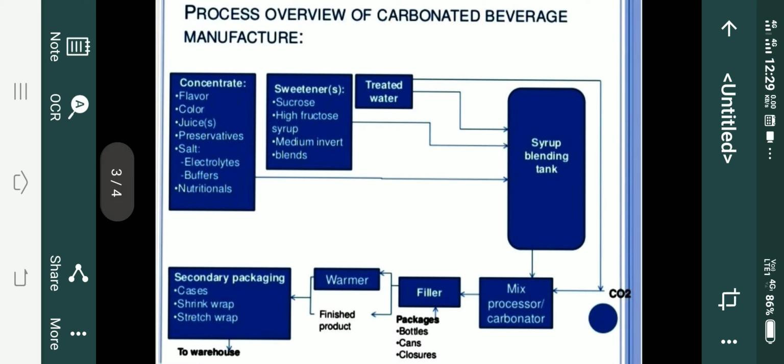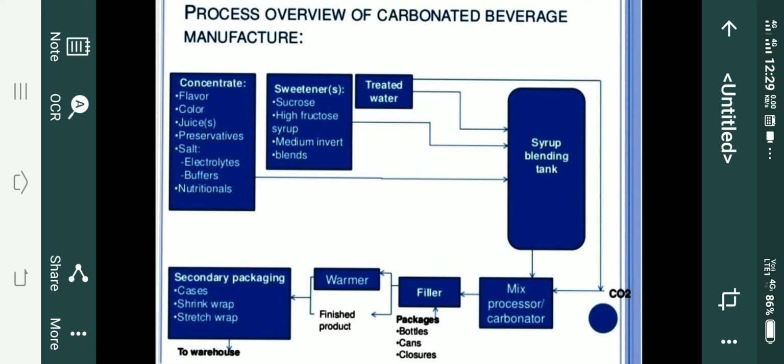Now, this is the process overview of carbonated beverage manufacture. As we can see, these are the concentrate ingredients: flavor, color, juices. These are optional. Then preservatives, salt, electrolytes, buffers, and nutritionals. These all are optional.